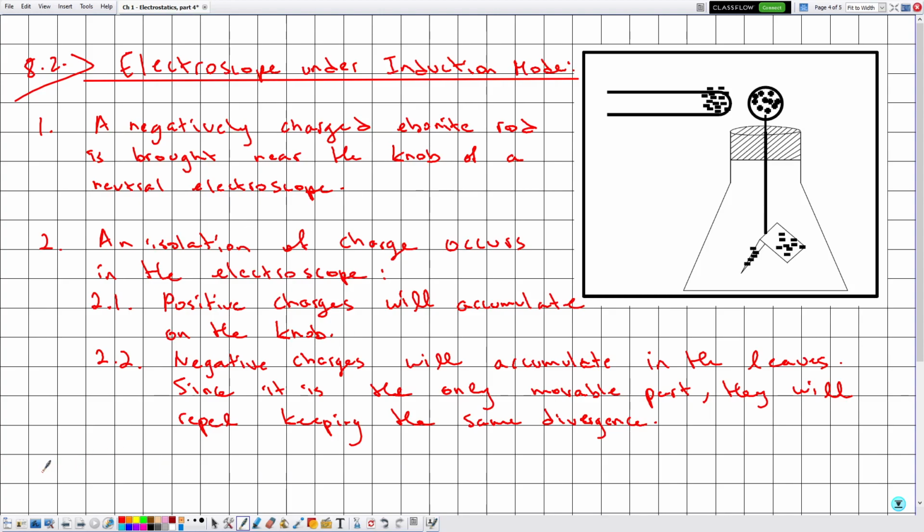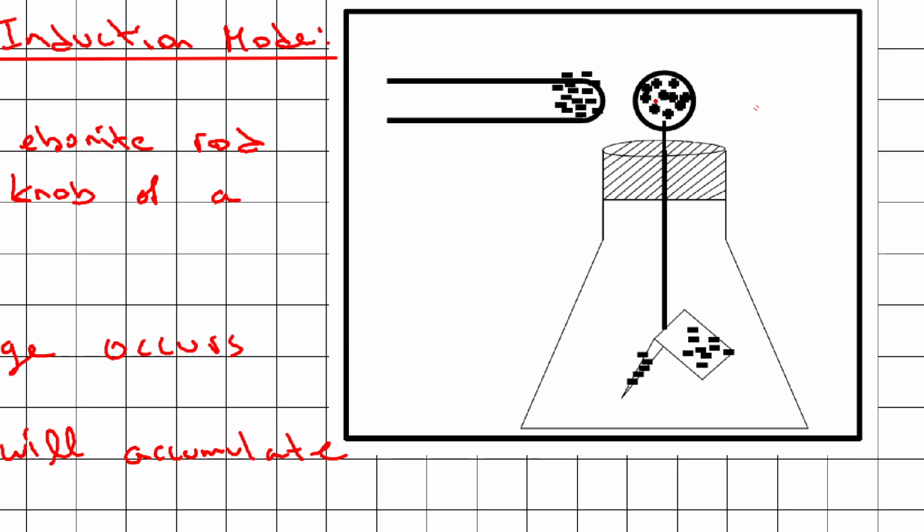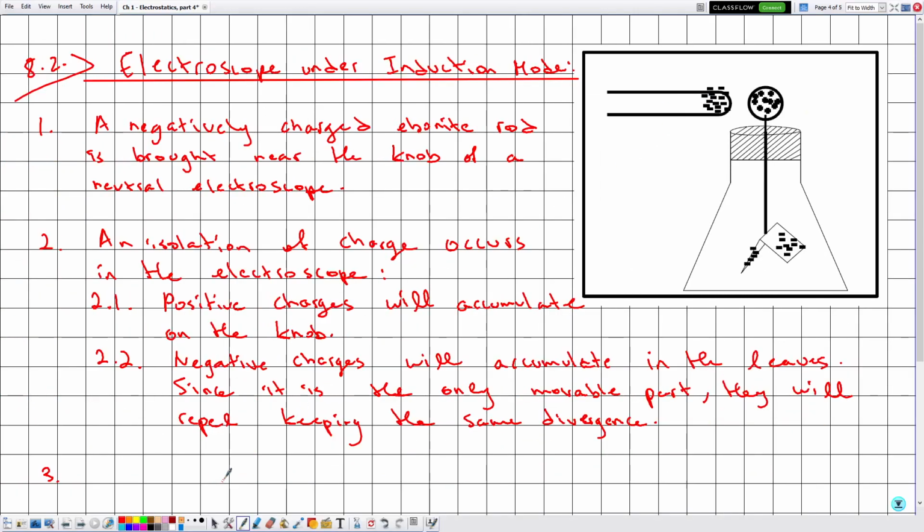And suddenly, without the grounding, since this is just an isolation of charge, the electroscope is neutral overall. So let me say, the electroscope is neutral so far.